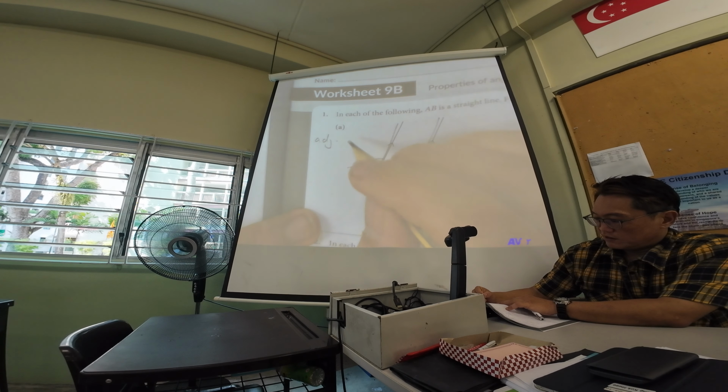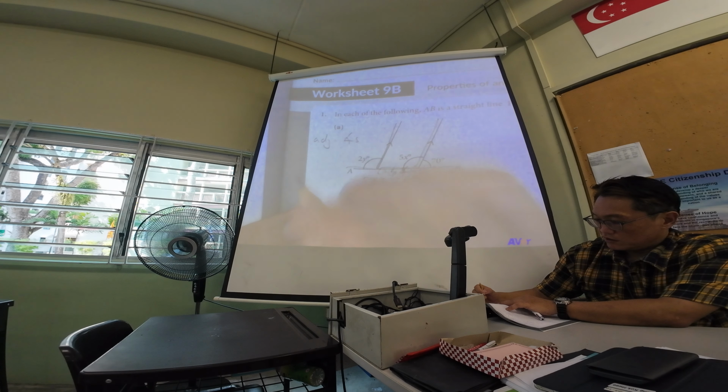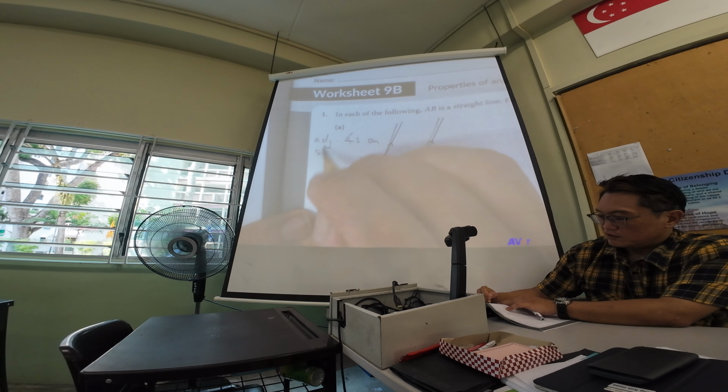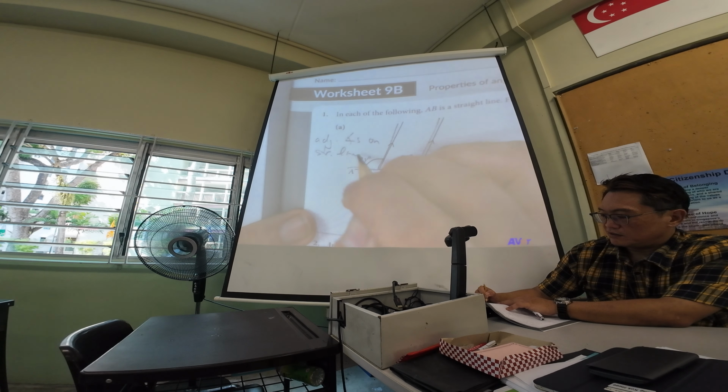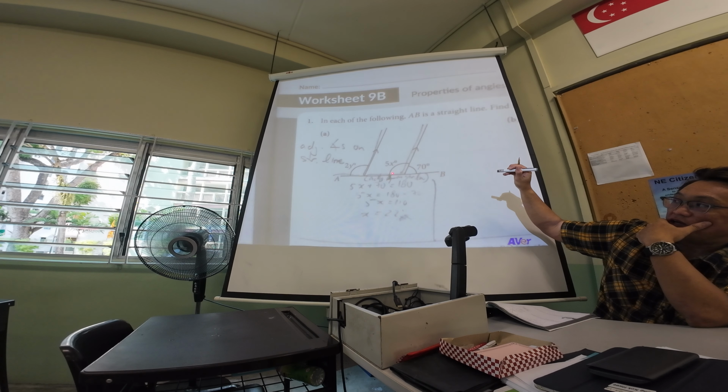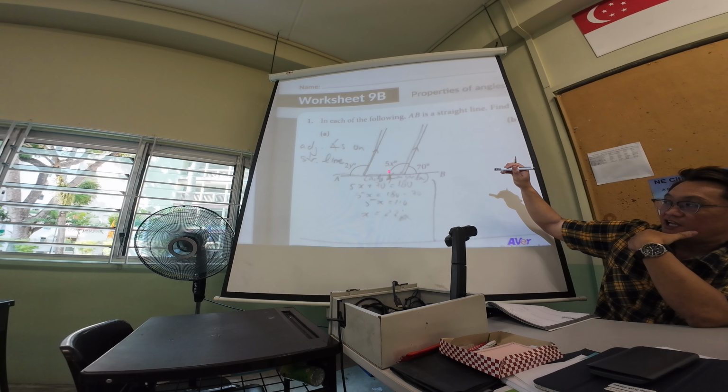Adjacent angles on straight line. I only need to know this straight line to find x, because 5x plus 70 is 180.